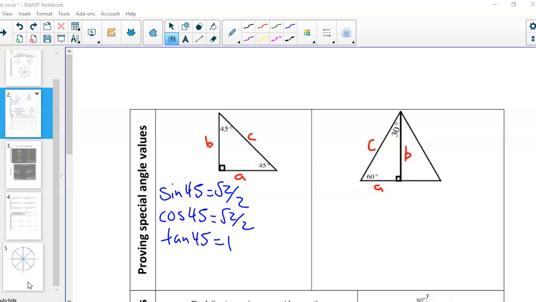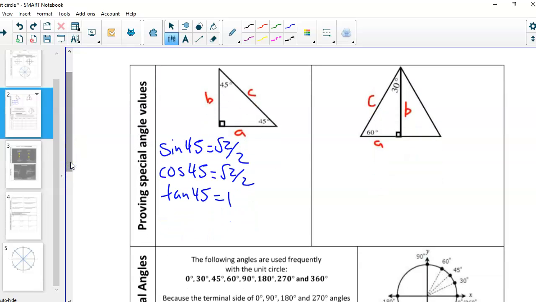Great. So before this happened, this whole triangle, what type of triangle was that? It was an equilateral, which means what?